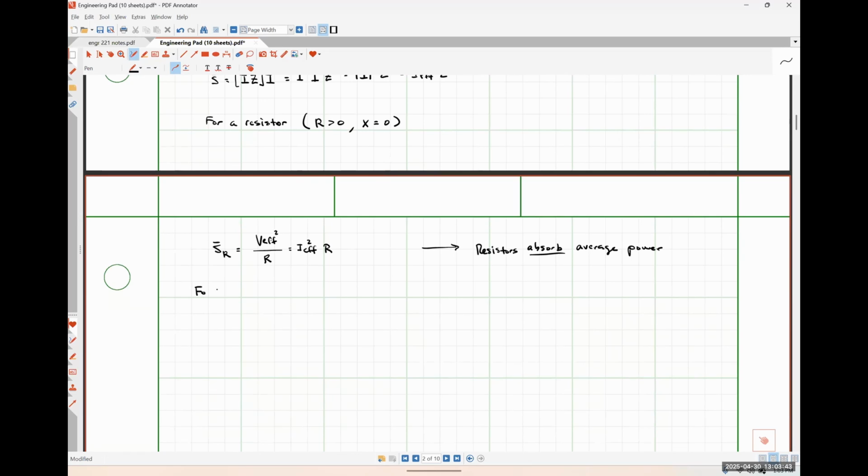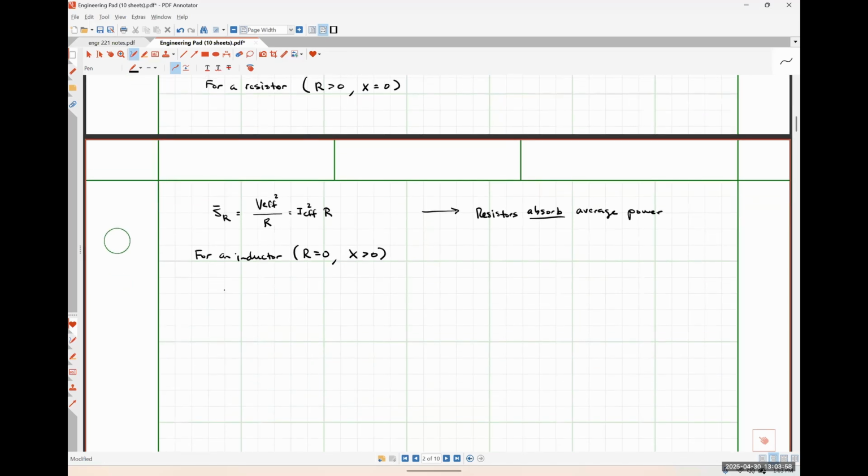For a pure inductance, where our resistance is 0 and our reactance is positive, okay, we're going to wind up having S sub L is going to be V effective squared divided by the conjugate of the impedance of an inductor.